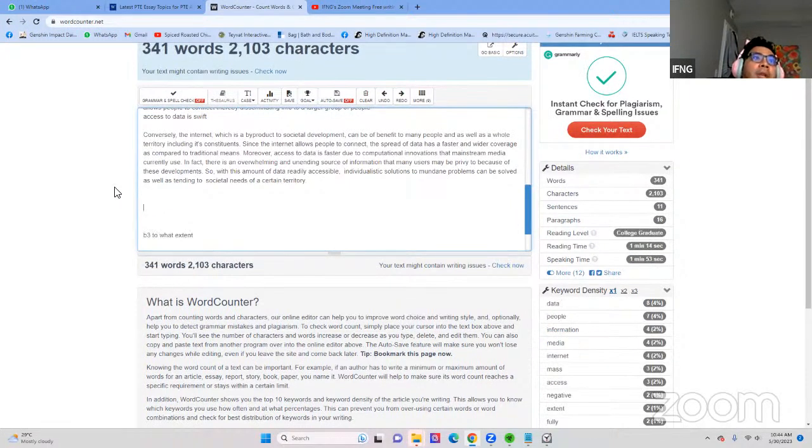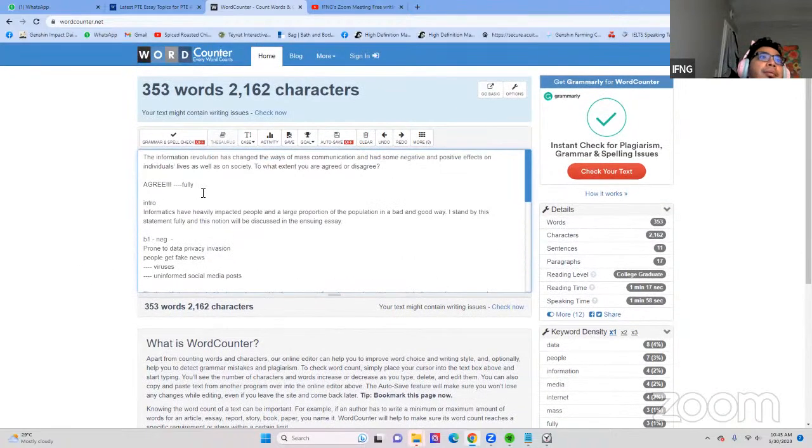We need a to what extent statement before we write the conclusion. I fully support the notion that there are pros and cons to the data informatics revolution. Let's go back to our task. Information revolution.